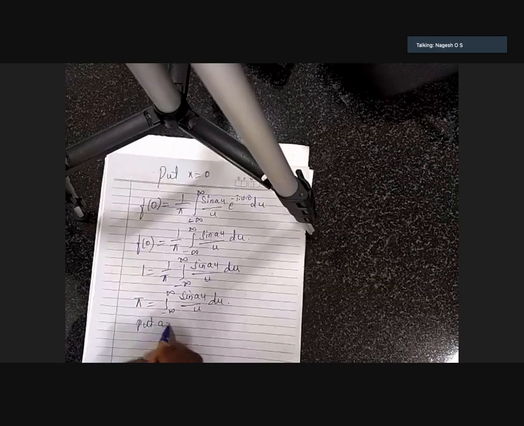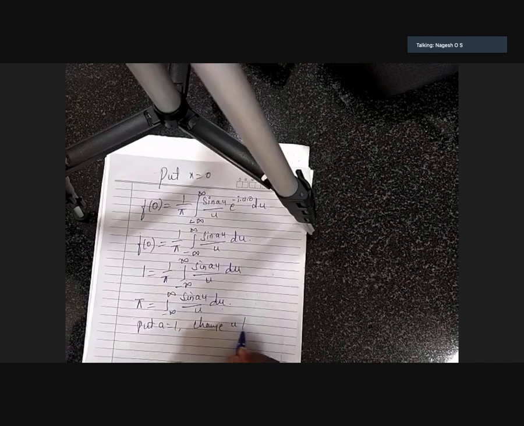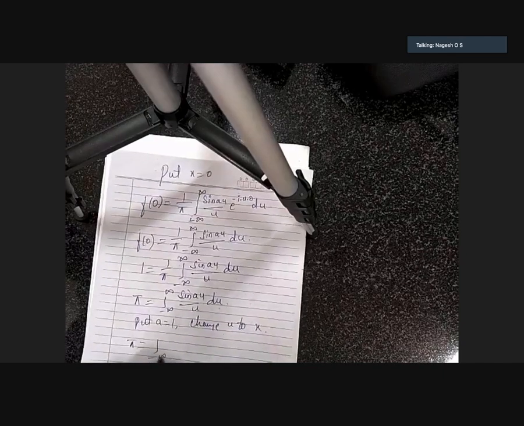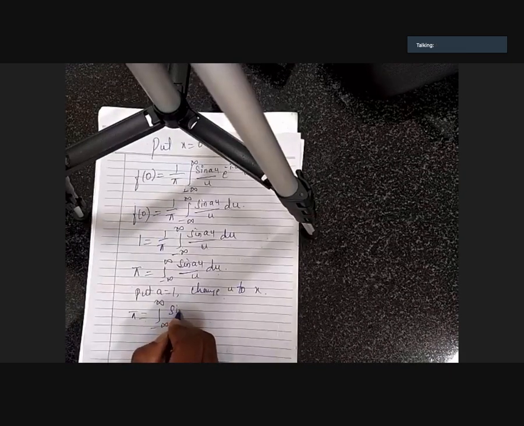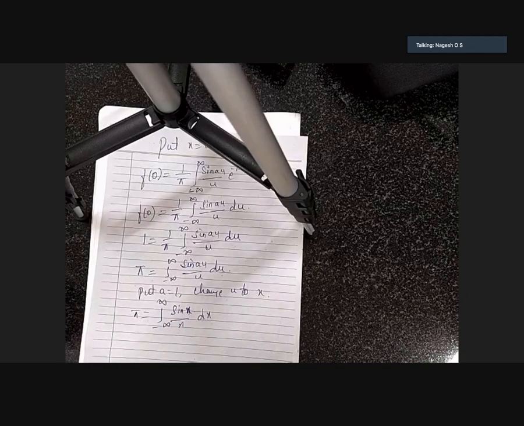Put a equal to 1, change u to x: pi equals integral from minus infinity to infinity of sin x by x dx.